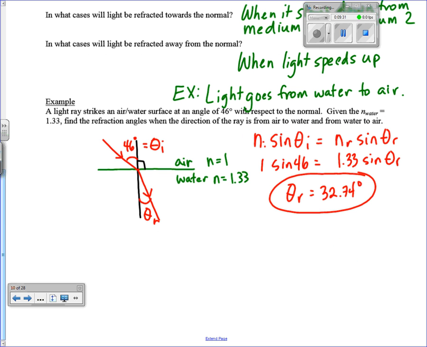Couple of things here. If I were to turn the light ray around, in other words, if I were to have the light ray traveling at an angle of 32.74 degrees and then exit from water to air, I would end up with exactly the same angles. But that's not quite what the problem is asking me to do.